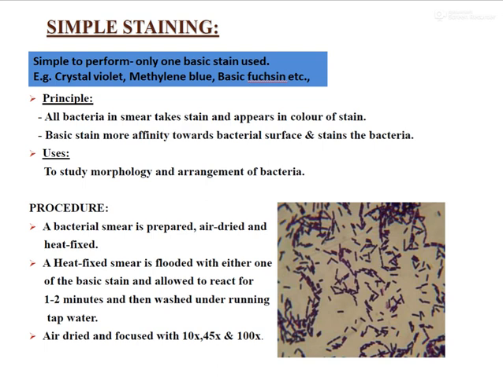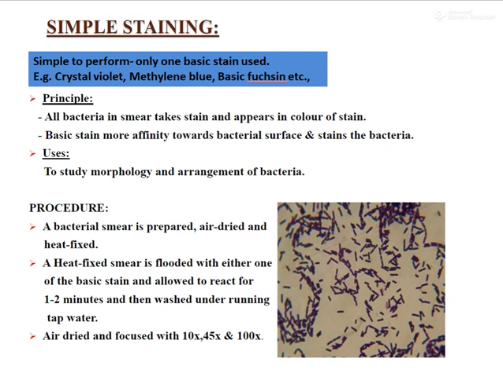Now, what is a simple staining technique? As I mentioned, we use a single stain over here, and normally the basic stains, crystal violet, methylene blue, basic fuchsin, are the ones which we use. For the process, you prepare your bacterial smear, air dry, heat fix it, and onto the heat fixed smear, you will put your particular basic stain and allow it to react for 1 to 2 minutes depending upon what stain you are using.